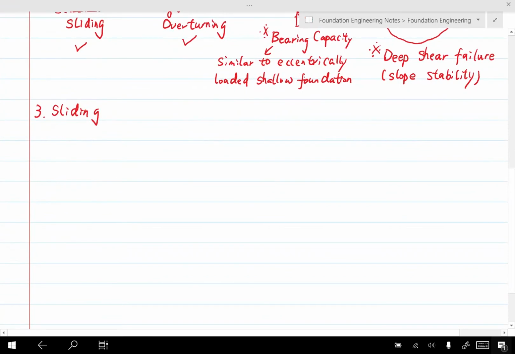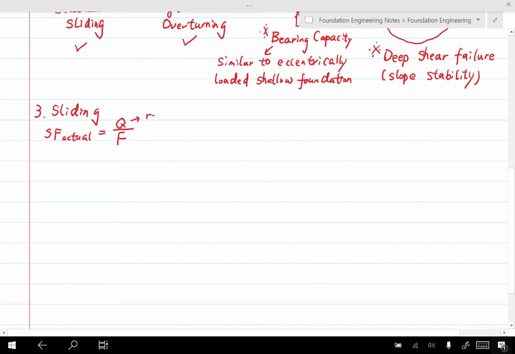Let's recall the allowable stress design first, and we're gonna use the force version of it. So for the force version of the allowable stress design, we have the equation: the actual safety factor equals Q is total resistance force, and F is the sliding force here. So let's write it down.